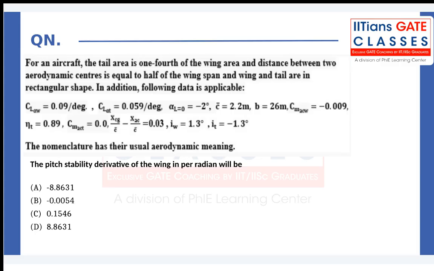The pitch stability derivative of the wing in per radian will be... Now what term are they referring to? First was Cm naught wing. Now what will it be?